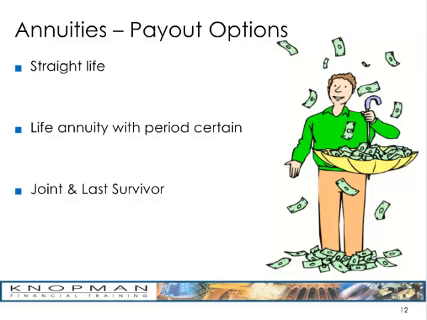Of these options, it will have the shortest expected life, and therefore it will have the highest monthly cash flow.